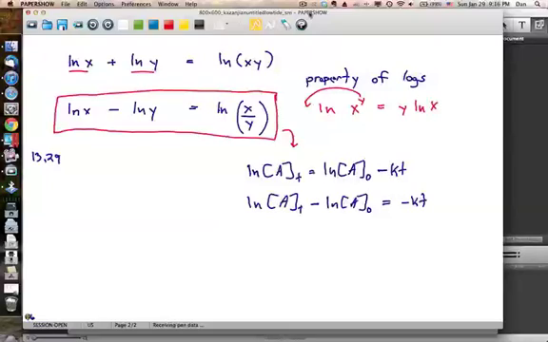We can rewrite this as ln of A at time t divided by A at time 0, allowing us to use the ratio.